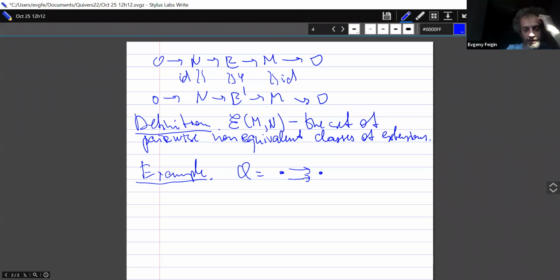Now let us take M to be, so this is the vertex 1 and this is the vertex 2, M is S of 1. This is a simple module concentrated at the first vertex, just a one-dimensional thing, and N is S of 2.